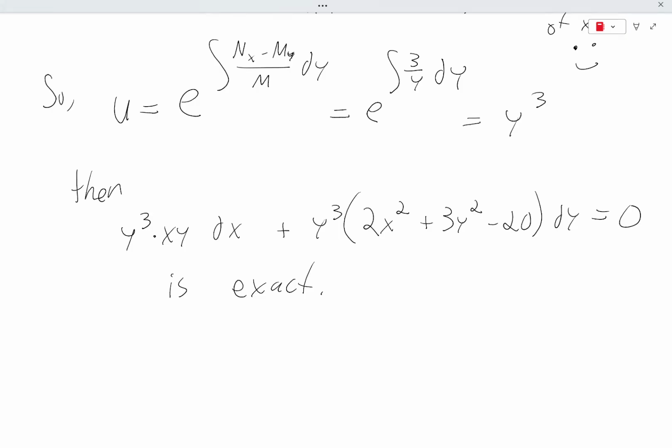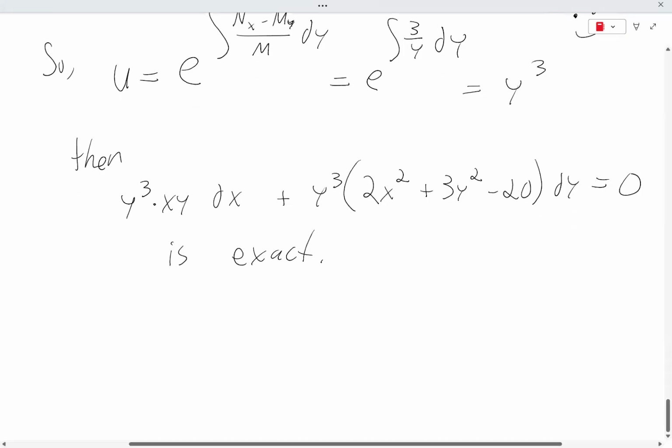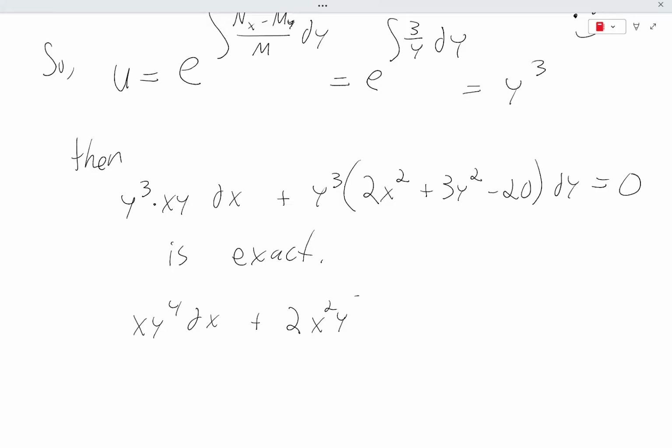Actually, I think I'll multiply it out here. So that's xy to the 4th dx plus, distributing the y through there, 2x squared y cubed plus 3y to the 5th minus 20y cubed, all dy, equals 0.